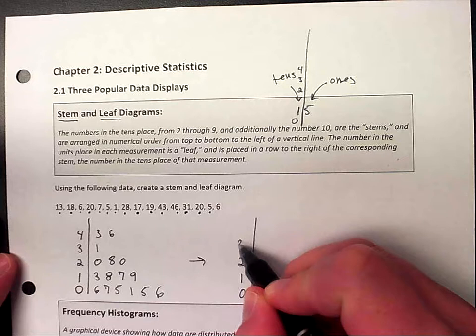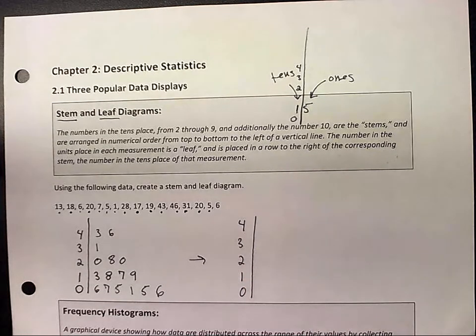Another convention, and this one is a little bit less used, is what happens if we didn't have, say, a number in the 30s. Then technically speaking, we could either leave this spot right here blank, or we could just not include the 3 right there. Generally speaking, we would simply not include the 3 and just go straight to 4.